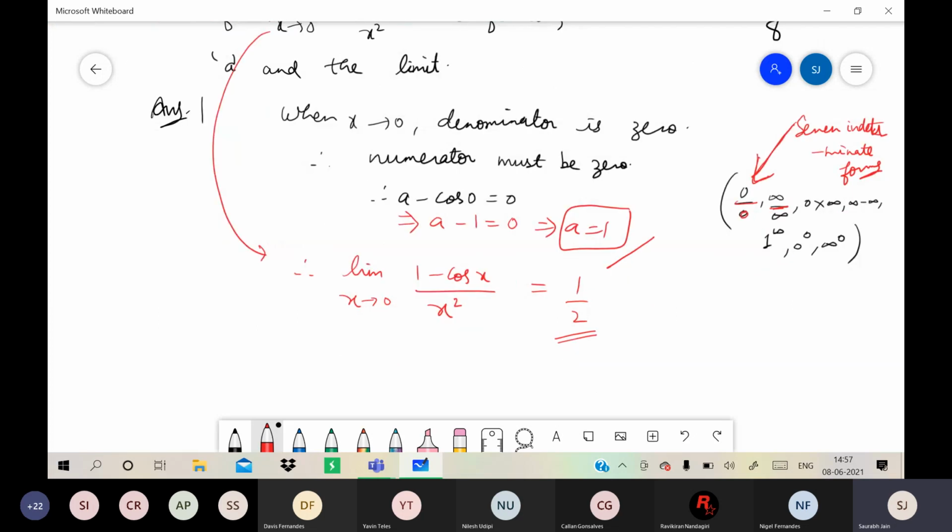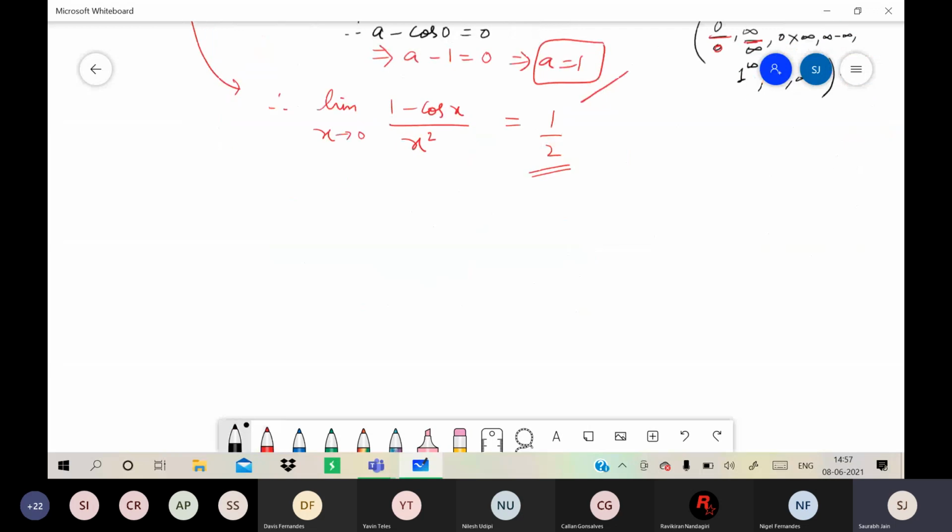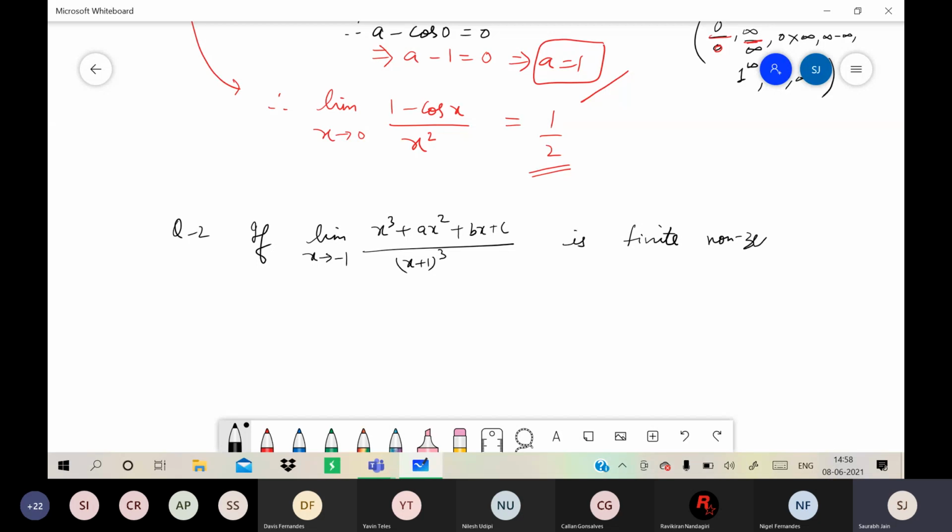Let me take another example. If limit x tends to minus 1 is a finite and also non-zero number, then find a, b, c.